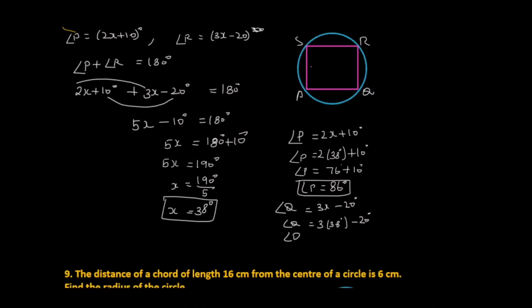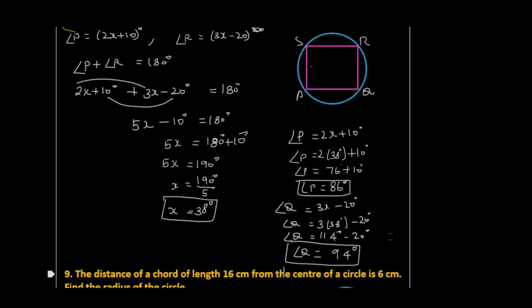So angle R is equal to 114 minus 20 degrees, so angle R is equal to 94 degrees. Angle P is 86, angle R is 94 degrees.